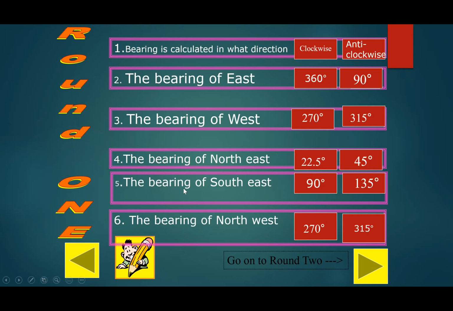What is the bearing of southeast? Is it 90 degrees or is it 135 degrees? What is your answer? 135 degrees is correct. And our final question is, what is the bearing of northwest?